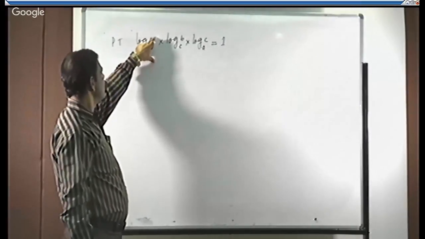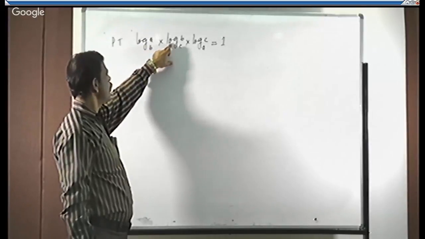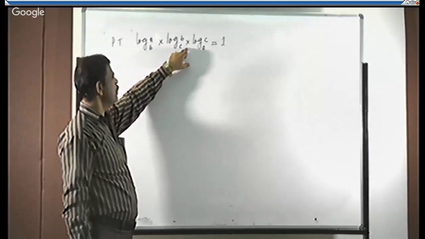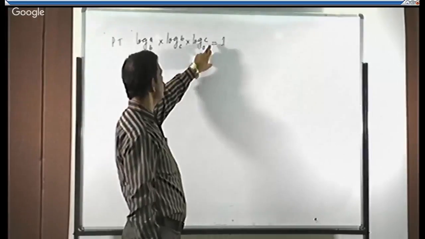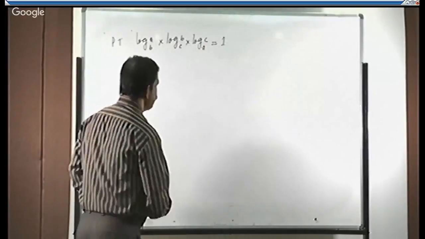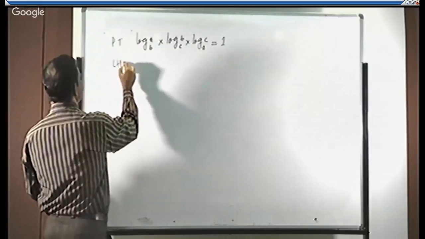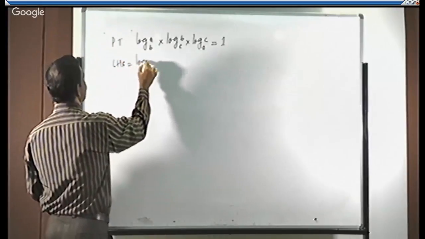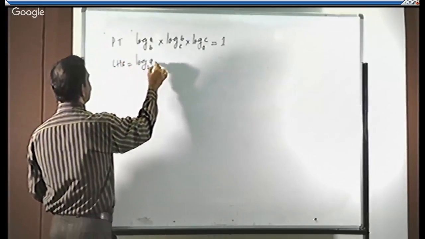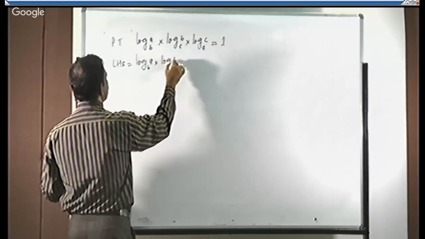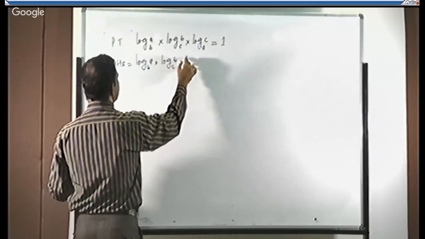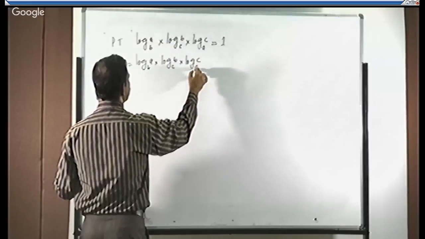It is log of a to the base b into log of b to the base c into log of c to the base a, which is always equal to 1. Let us take the left hand side.